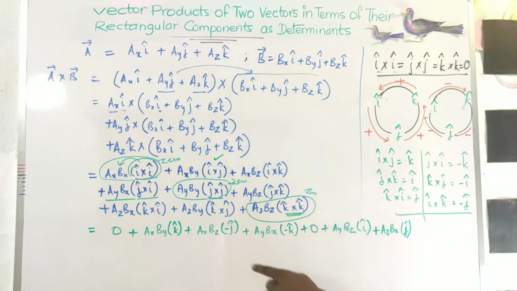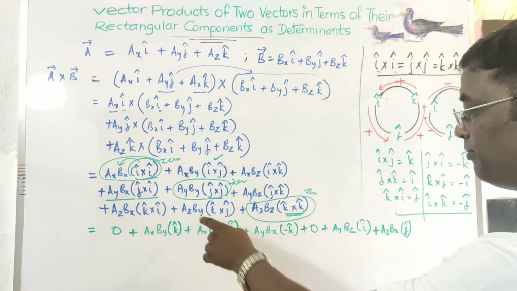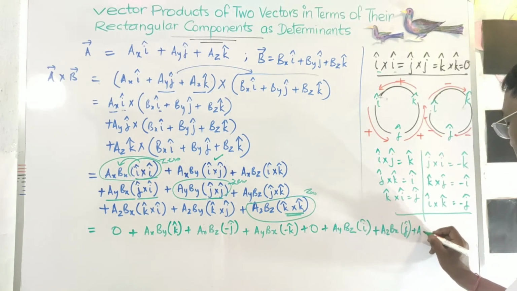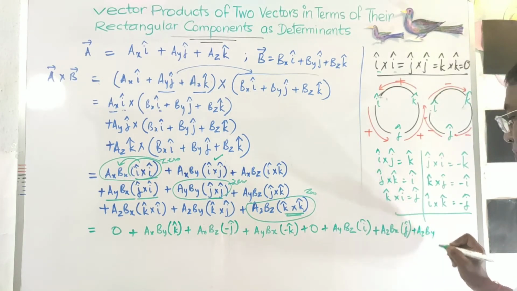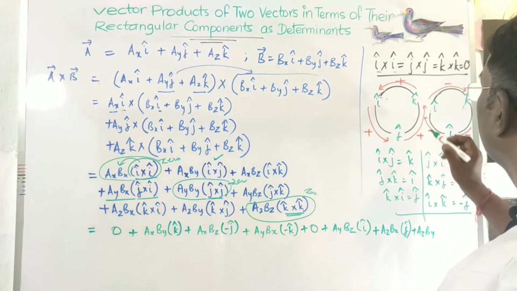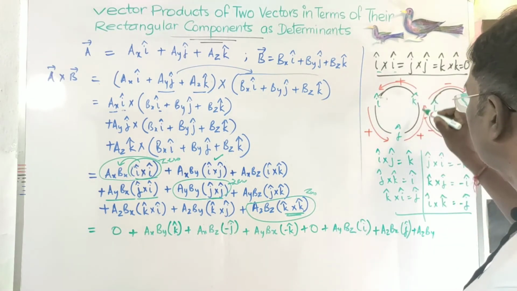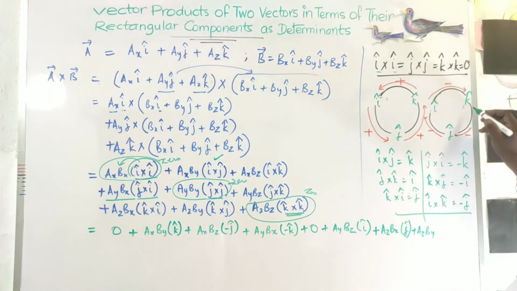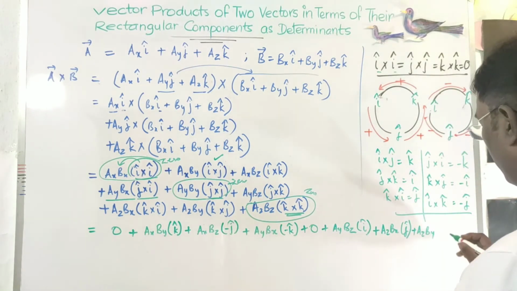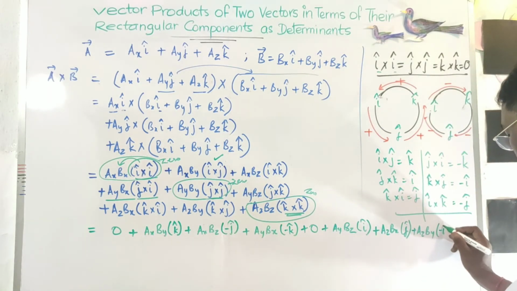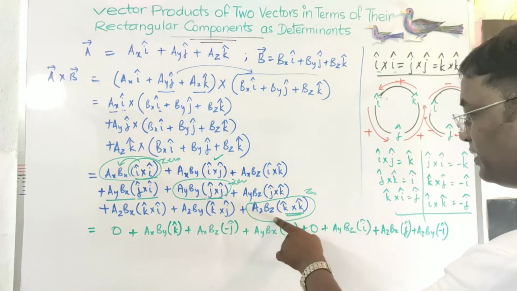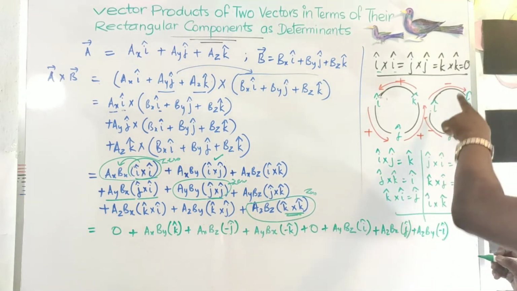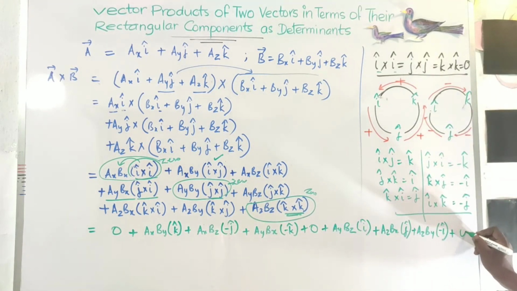This term is az by, k cross j. k cross j is cyclic, so it will be minus i, and the third term obviously is 0. k cross k is 0 here, so straightaway the third term is 0.